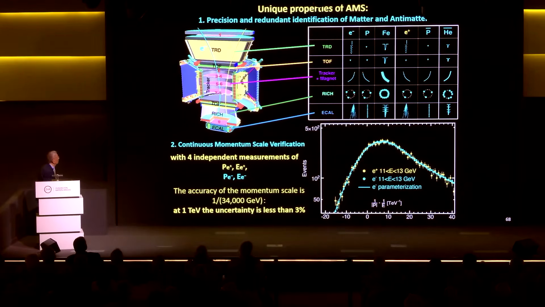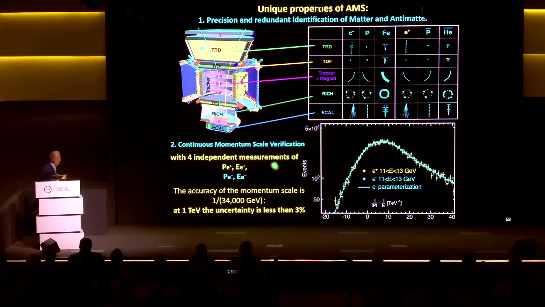So the unique property of AMS is that it is a magnetic spectrometer. It has precision and redundant measurement of matter and antimatter. There are 5 detectors, and electrons, protons, ions, positrons, antiprotons, antimatter all leave different traces.